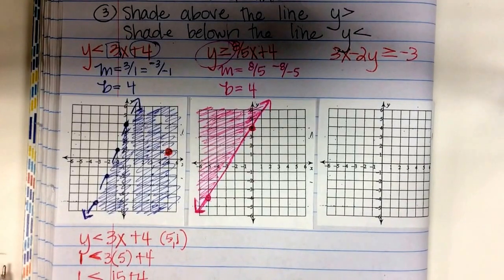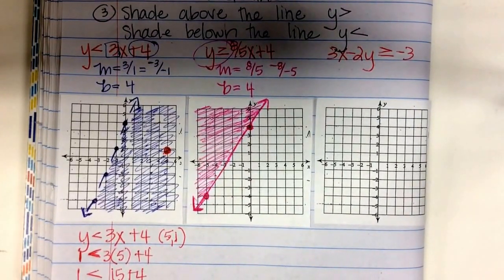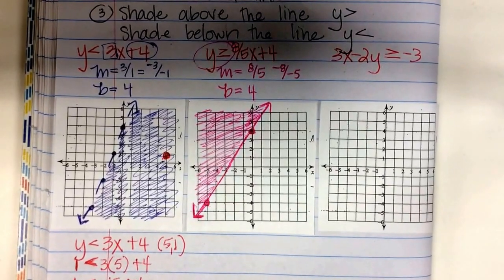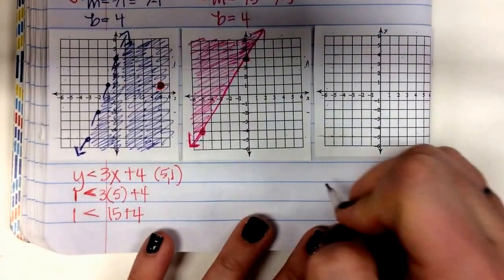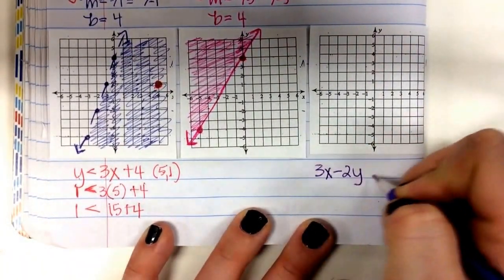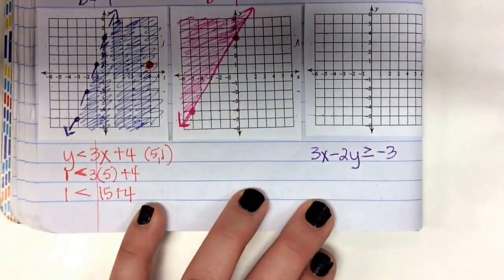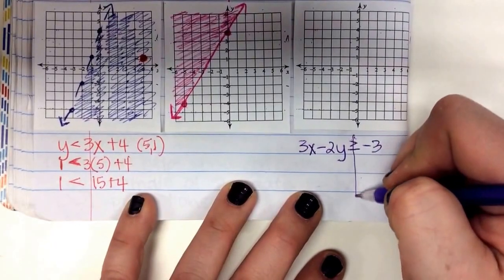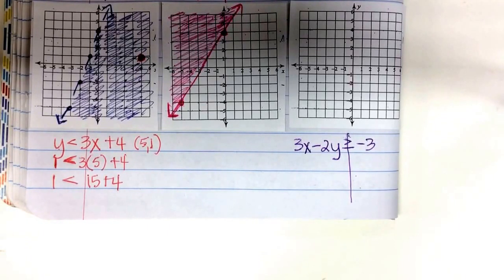Looking at that third problem, what's the deal? What's wrong? Y isn't alone. So I'm going to skip down here, and I'm going to get y alone. 3x minus 2y is greater than or equal to -6. You're going to have to think back, use a lot of pre-algebra in this, and algebra. What do you move first?